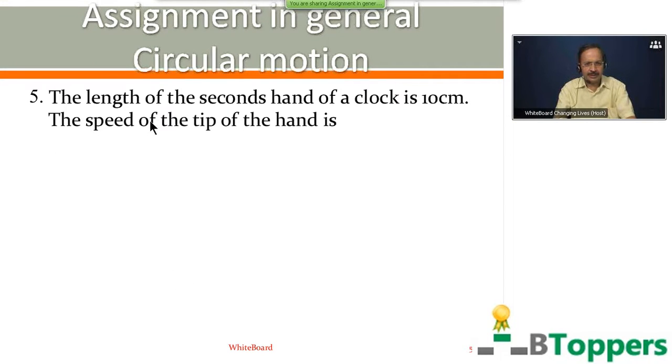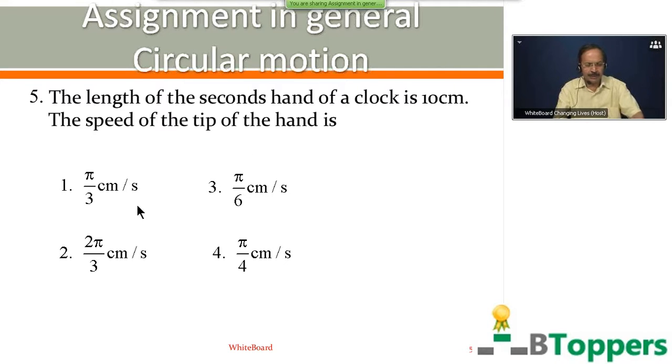See the question number 5. The length of the second hand of a clock is 10 centimeter. The speed of the tip of the hand is, first option pi by 3 centimeter per second. Second option 2 pi by 3 centimeter per second. Third option pi by 6 centimeter per second. Fourth option pi by 4 centimeter per second.